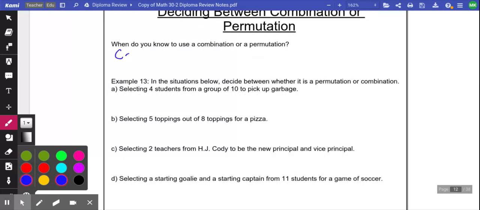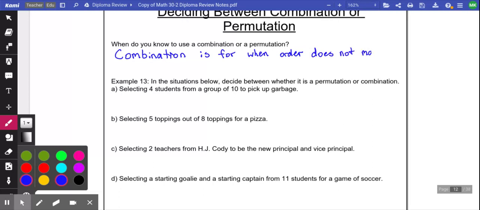A combination is for when order does not matter.